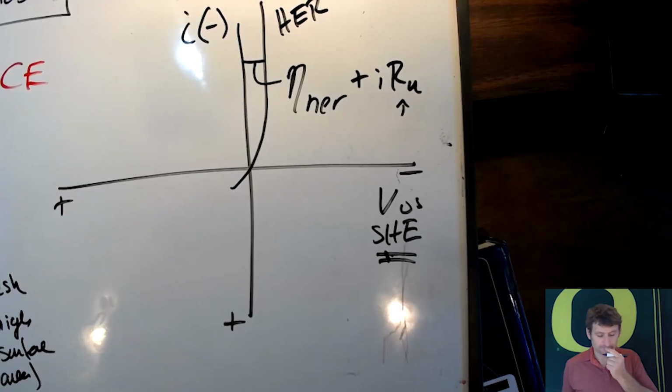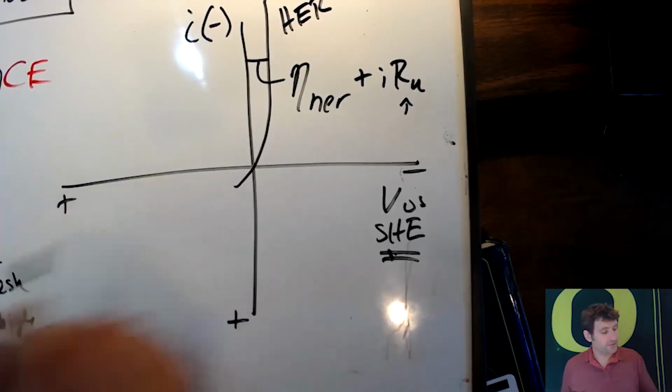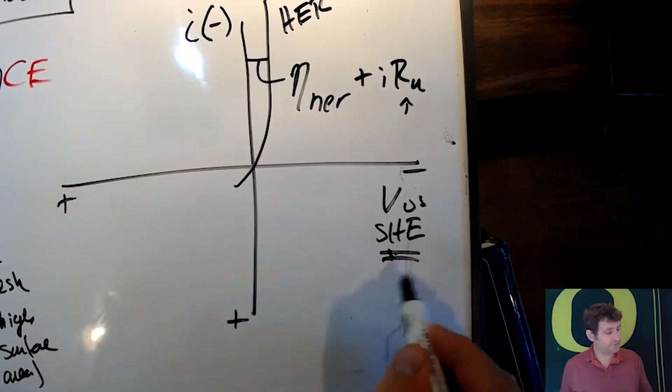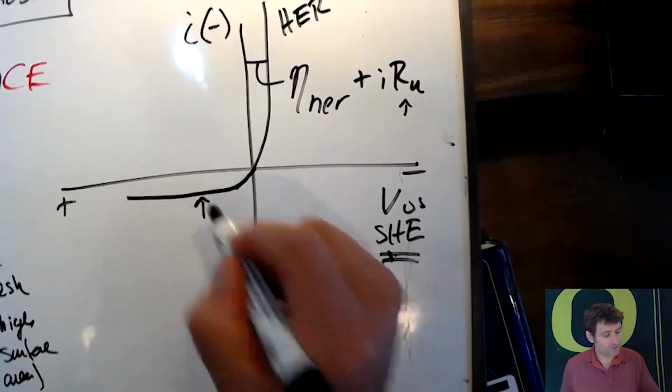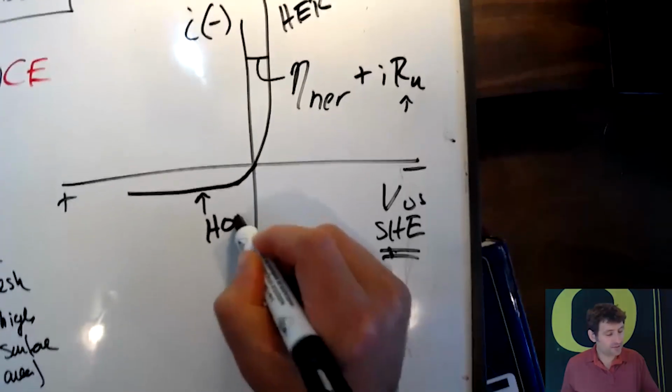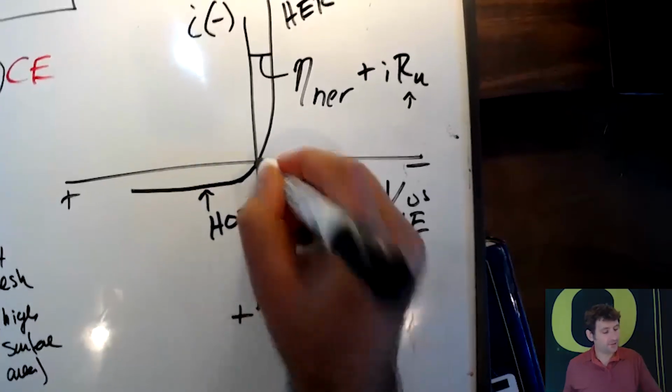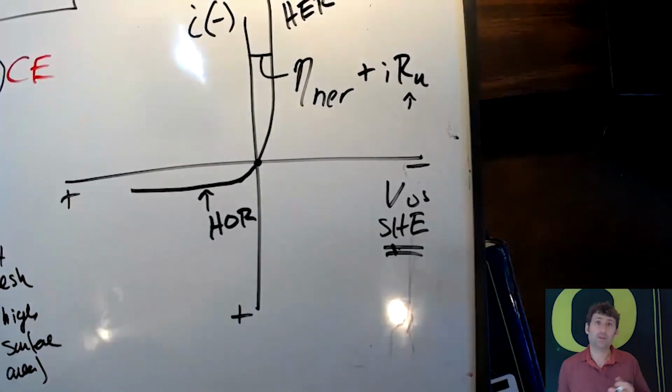Now, if I apply a potential the other direction, positive of the standard hydrogen electrode, well, I'm going to drive some current, and that's going to be hydrogen oxidation reaction, right? So at zero, I'm in equilibrium with the hydrogen electrode.